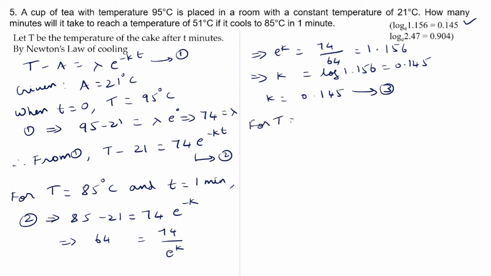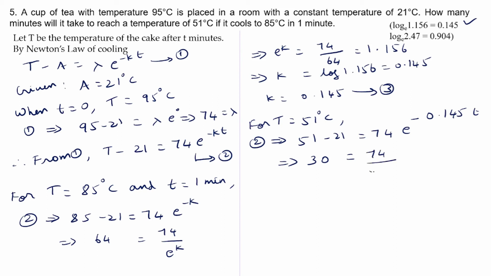For T equal to 51 degrees Celsius, from 2 we get 51 minus 21 equal to 74 into e raised to minus k, where k is 0.145, times T. We have 30 equal to 74 upon e raised to 0.145 T. Let us cross multiply.